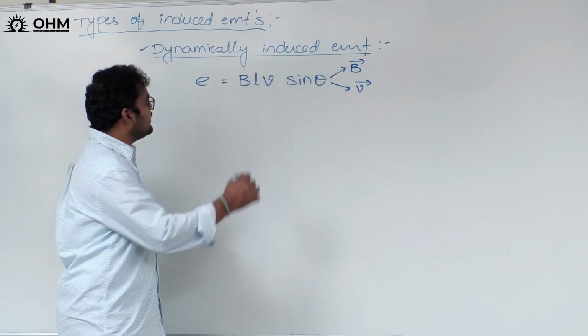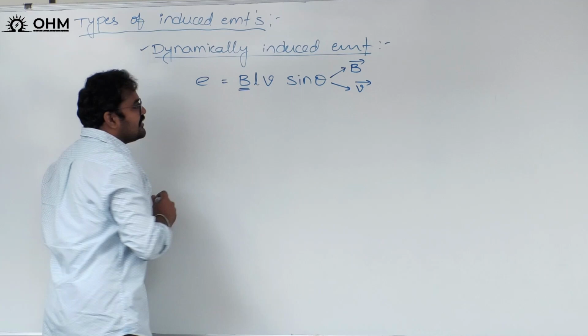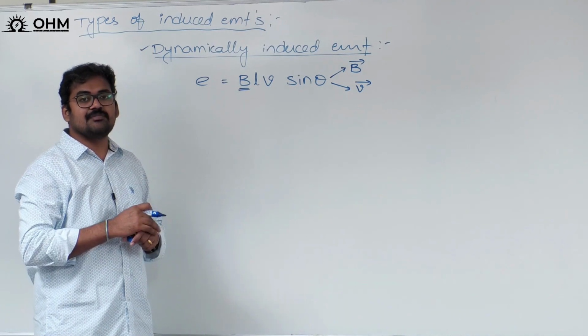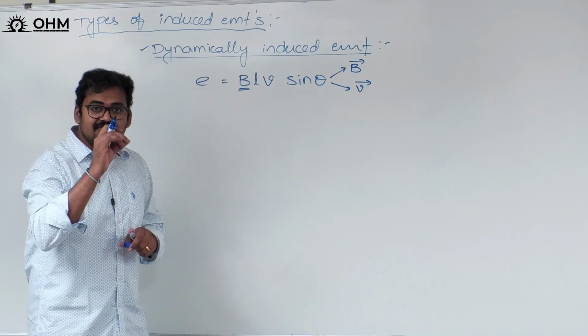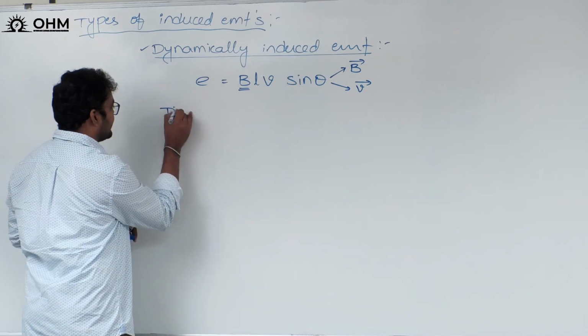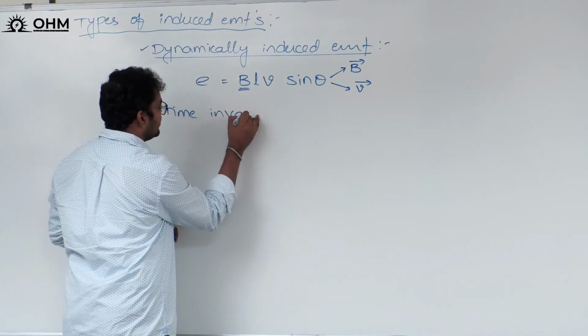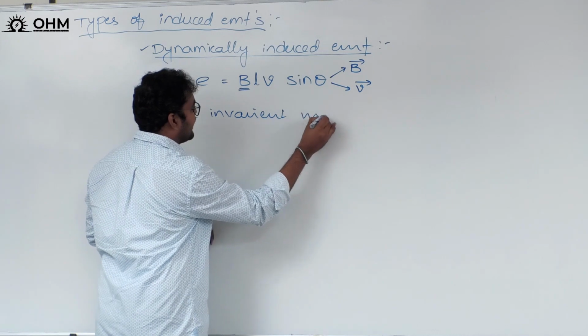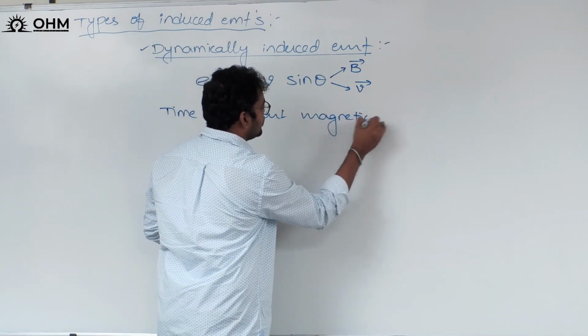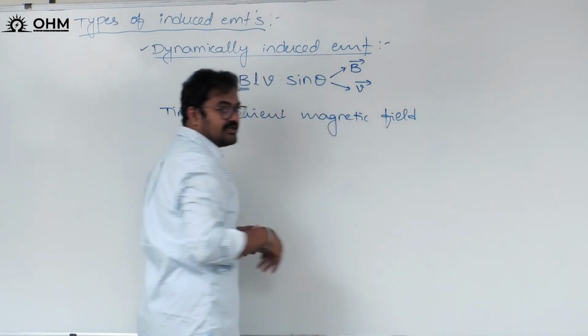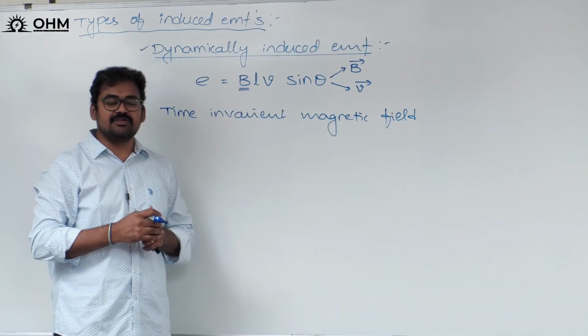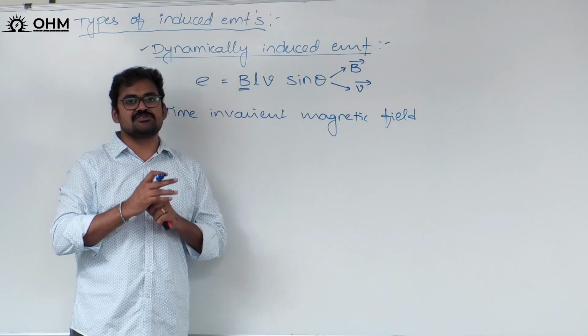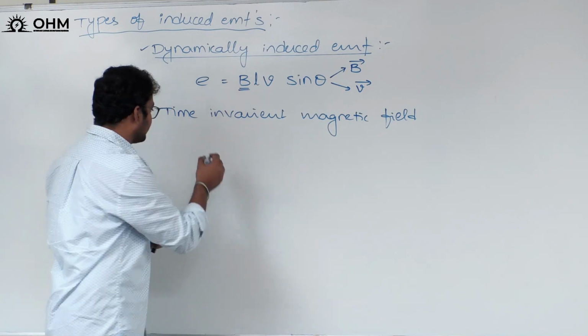And most importantly, what kind of magnetic field do we need to use to induce dynamically induced EMF? A time invariant magnetic field. That is important. The name itself indicates that a time invariant magnetic field means the magnitude of the flux is going to be constant with respect to time.